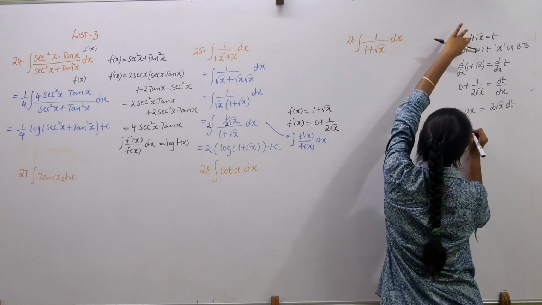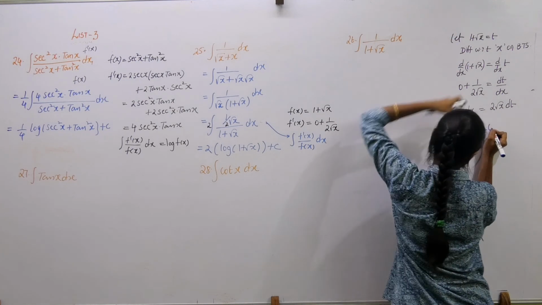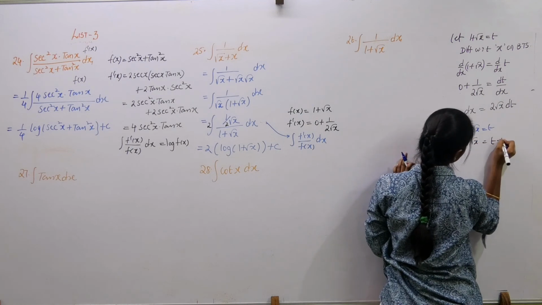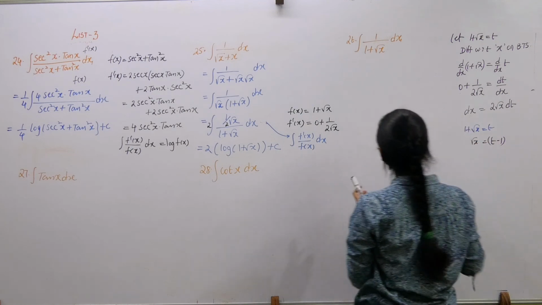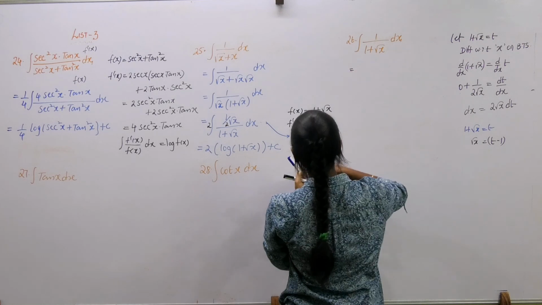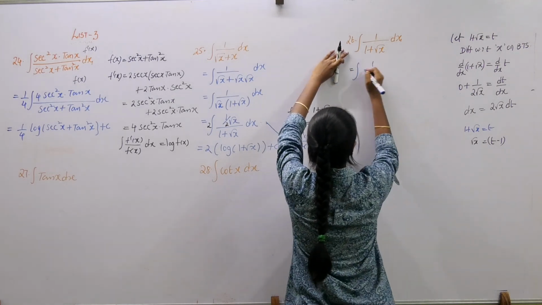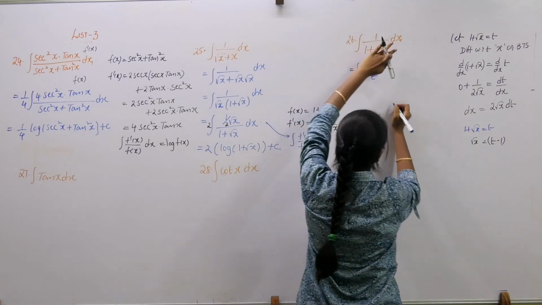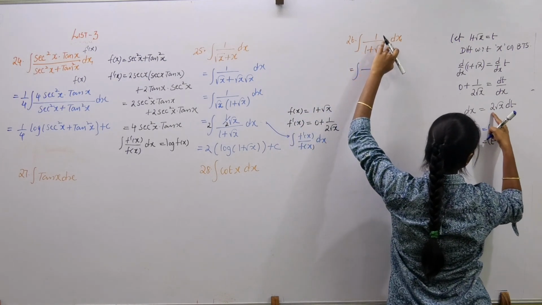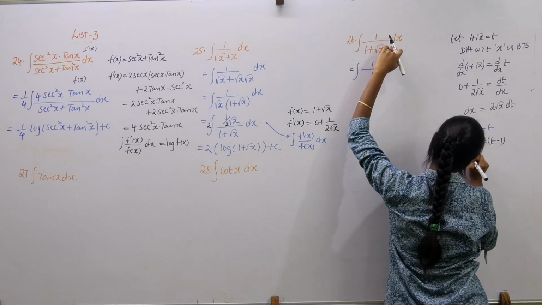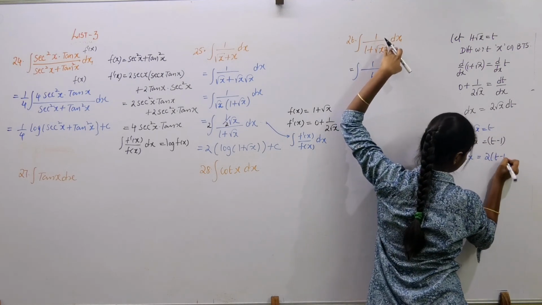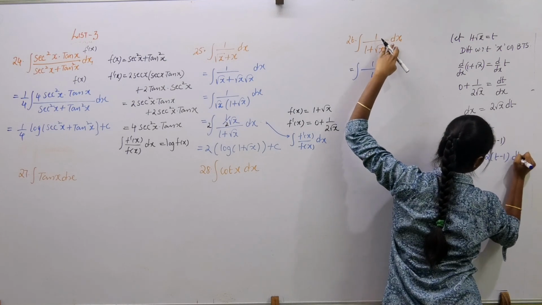From this, 1 plus root x equals t, we can write root x is equal to t minus 1. So, here 1 by 1 plus root x value is 1 by t, and in the place of dx we have 2 root x dt, in the place of root x we substitute t minus 1.